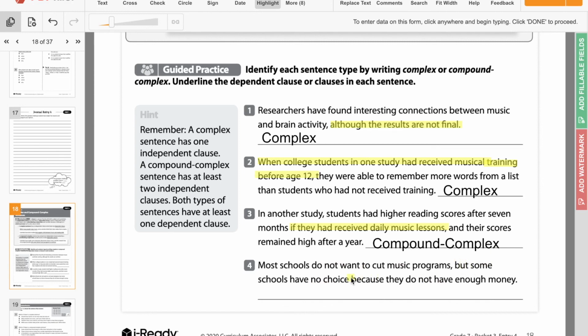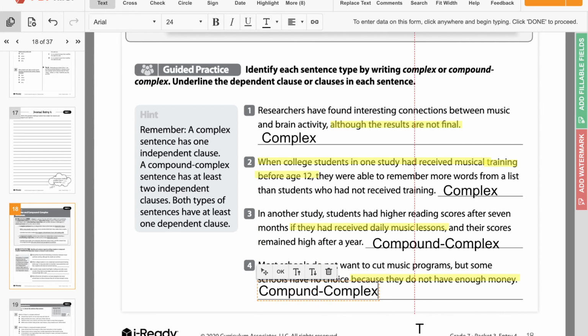Now, because they do not have enough money, does that make sense on its own? No, so that's our dependent clause. Again, we're separating these because some schools is our subject, have is our predicate. We come down here, we have they is our new subject, do is our new predicate. So we know we're beginning another clause, and it doesn't make sense on its own, so it's a dependent clause, which means we have two independent clauses and a dependent clause, which makes it a compound complex sentence.